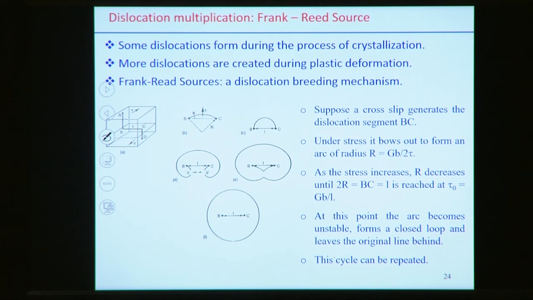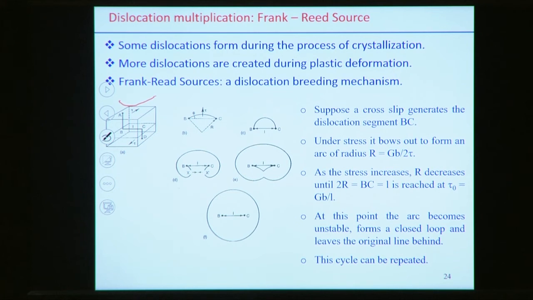Say for example, if you look at this figure, BC is the segment of the dislocation of length L, and it is subjected to a shear stress tau. Now suppose a cross slip generates the dislocation segment BC.